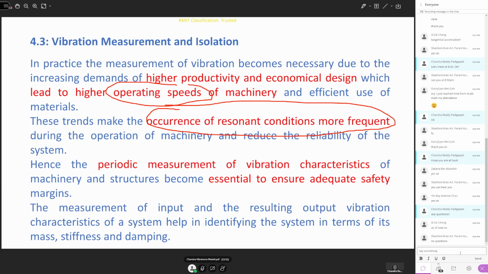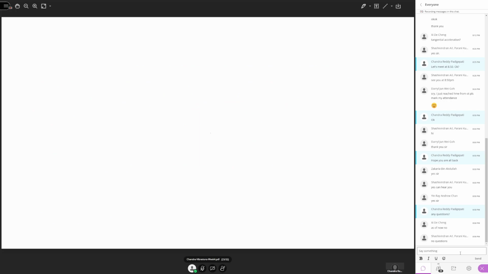To avoid the resonant conditions, we need to study the system characteristics and consider all the design factors, including the transmissibility ratios and all the governing equations. We have touched upon this, and we discuss it again.